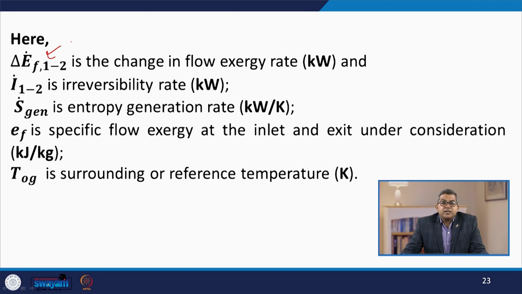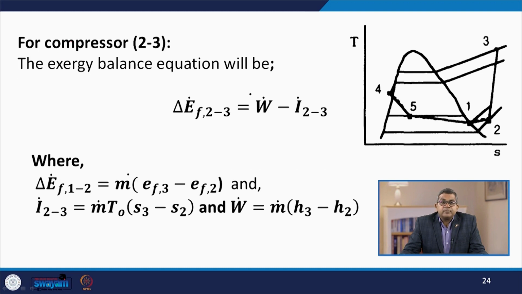Sgen is the entropy generation rate, in kilowatt per Kelvin, and EF is the specific flow exergy, where F stands for flow, at the inlet and exit under consideration. The unit of EF is kilojoule per kilogram, and T0 is the surrounding or reference temperature, again in Kelvin.